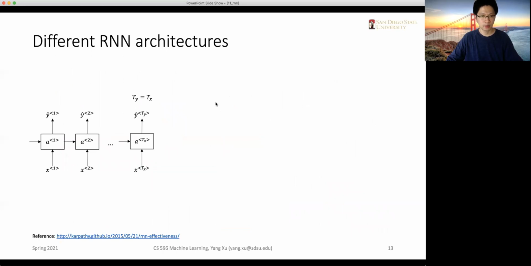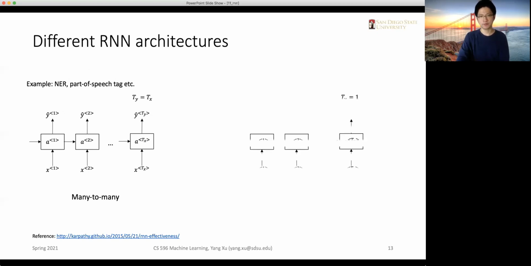Okay, so this is the so-called many-to-many, because we will have an output for each input time step, right? This is particularly useful for named entity recognition and other NLP tasks such as part of speech tagging and so on.